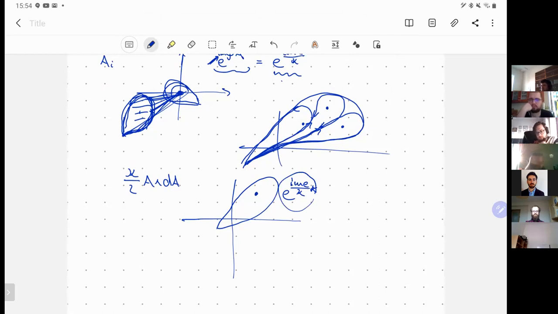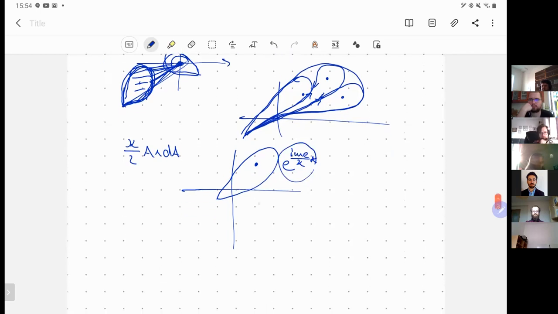And there's an interesting fact that those phases actually live in a Z_n group, right?